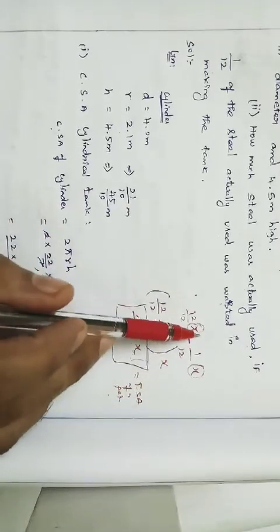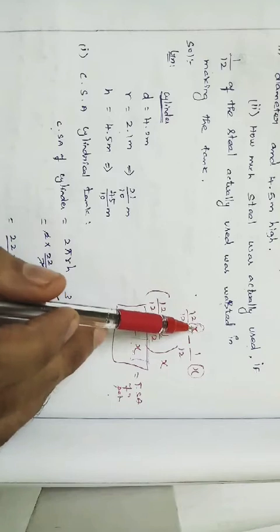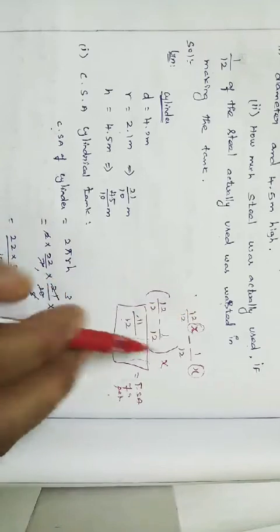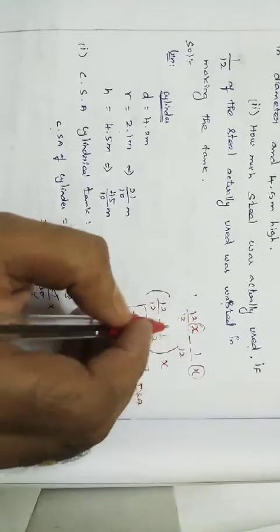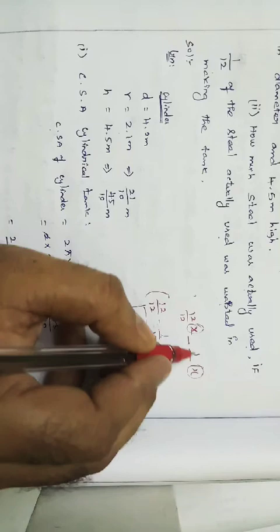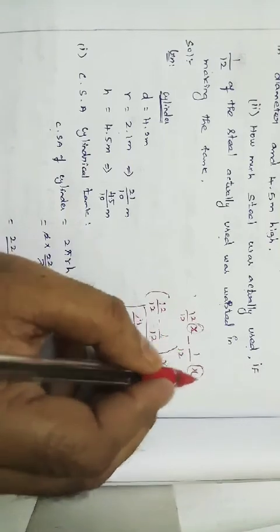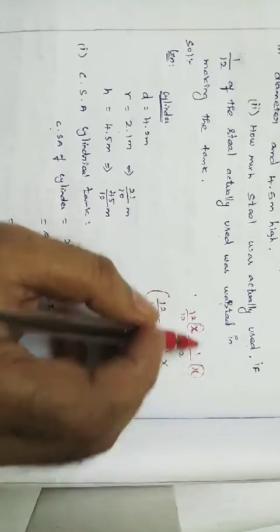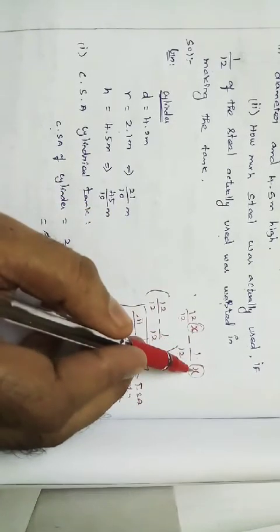See, 12 by 12 of x is nothing but the total area of the steel. I'm just writing in terms of fractions. So 12 by 12 of x minus 1 by 12 of x. Why am I subtracting 1 by 12 of x? Because 1 by 12 of x has been wasted.